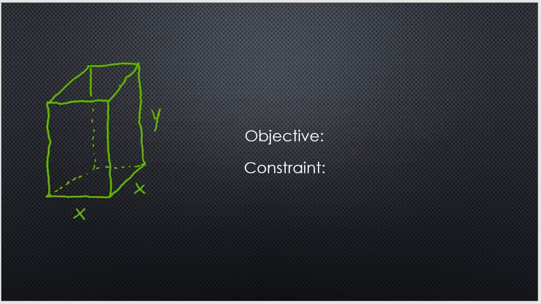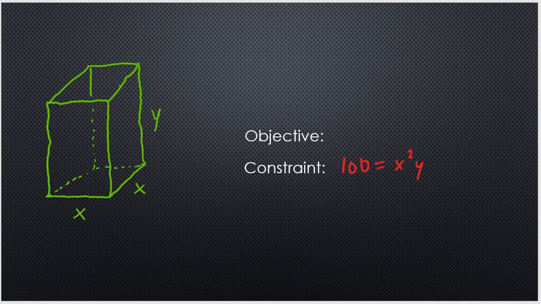So we know that our constraint is going to be 100 equals the volume of our box. The volume of a rectangular box is length times width times height, or in this case, x squared times y.